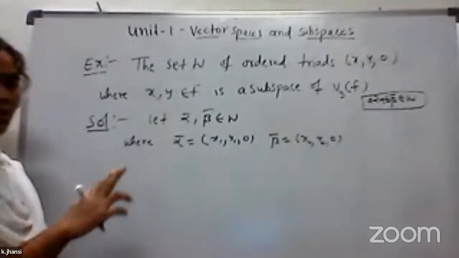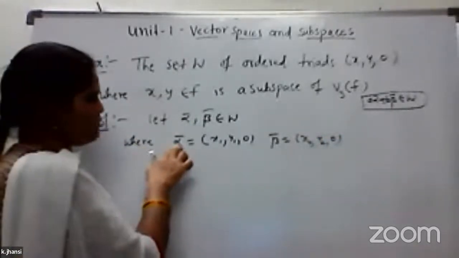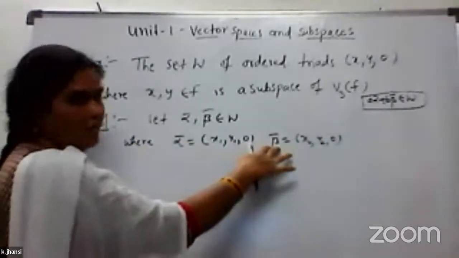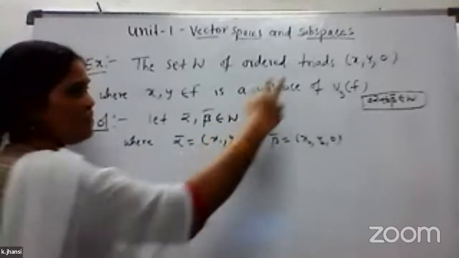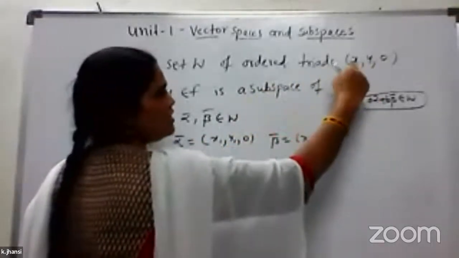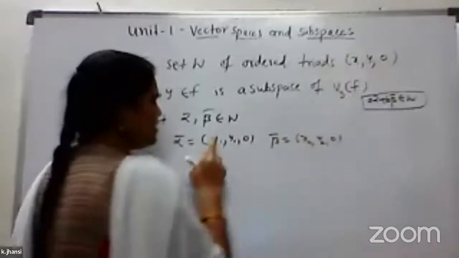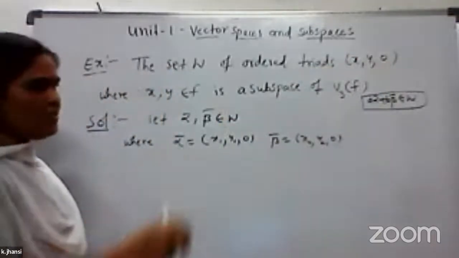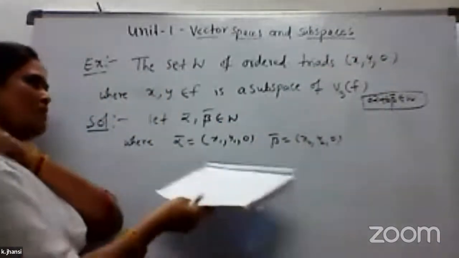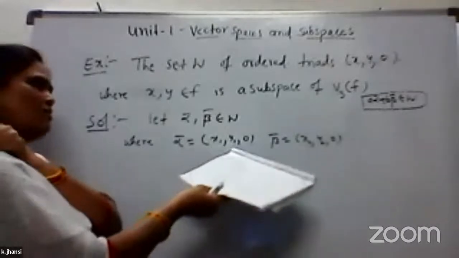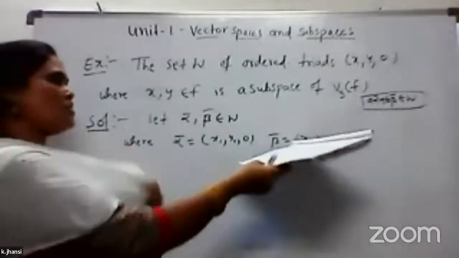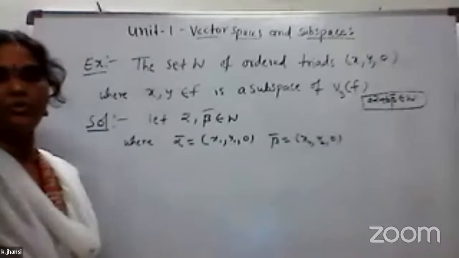We need two vectors here, first alpha bar and second beta bar. For two vectors you can't both take x, y, 0, so we take alpha as x1, y1, 0 and beta as x2, y2, 0.